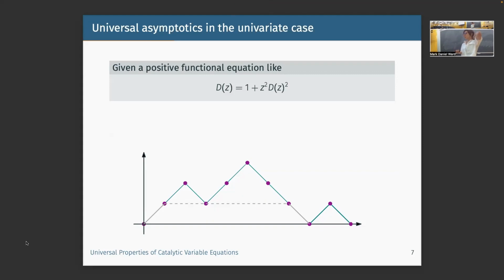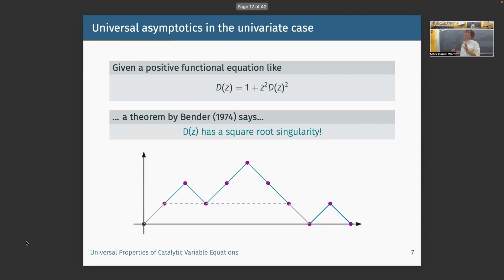That if we have, for example, a functional equation for a generating function in just one variable, for example, here the functional equation for Dyck paths, then there's a theorem by Bender from 1974 that says that D(z) is first of all always an analytic function. If on the right-hand side D(z) always shows up with a factor of z, then D(z) is always analytic around 0. And if you do singularity analysis, you'll always have a square root singularity, always.